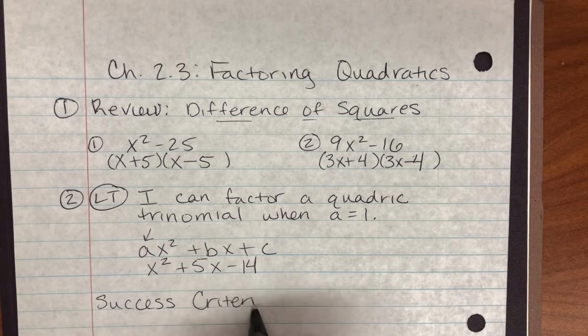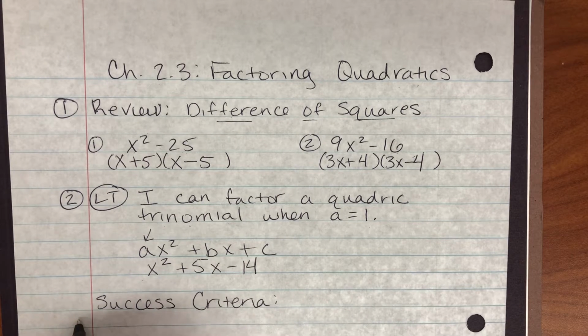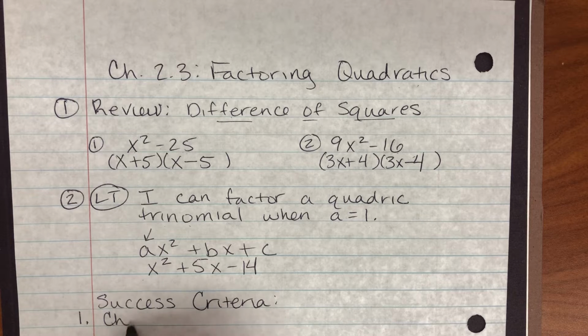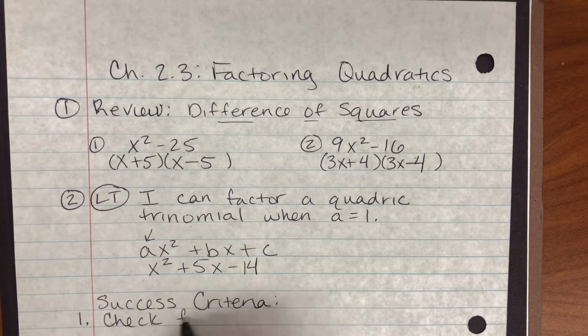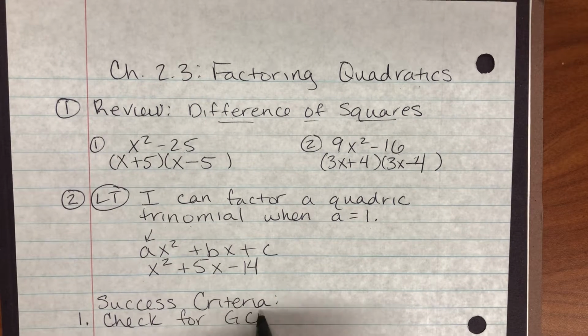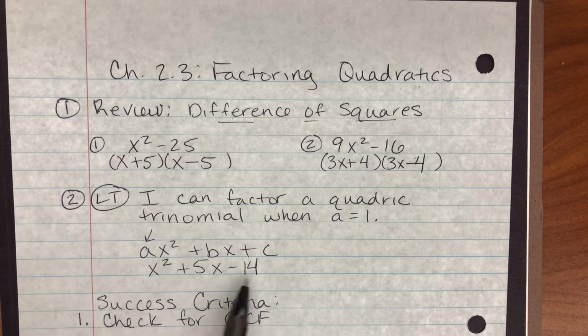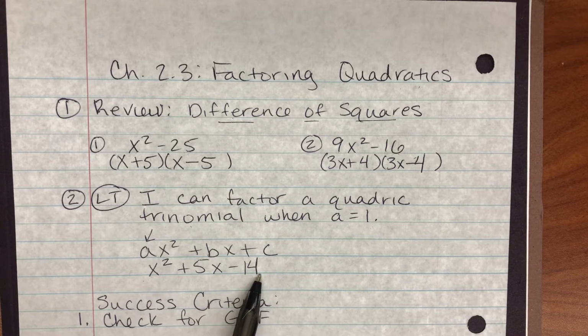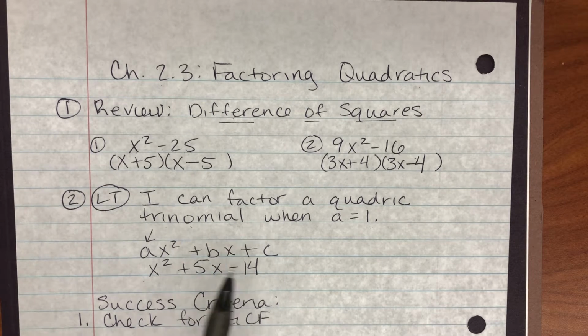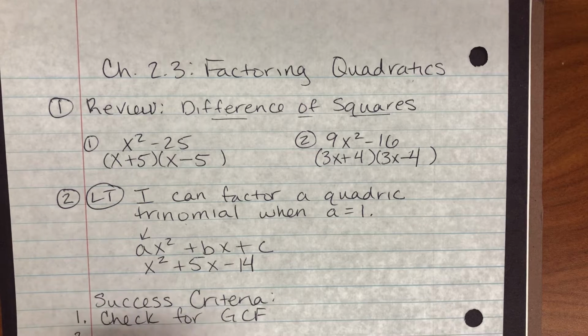Here's our success criteria. So first, just like yesterday, you want to check for a GCF first. So I have the numbers 1, 5, and 14. Is there a GCF for those three numbers? No, there is not.